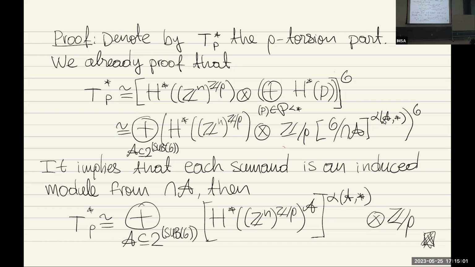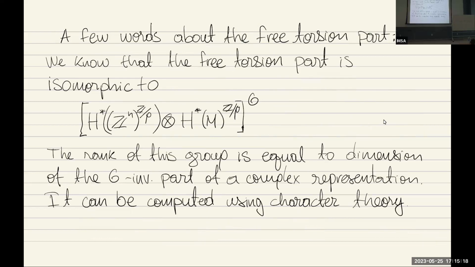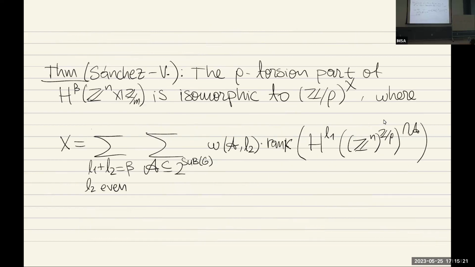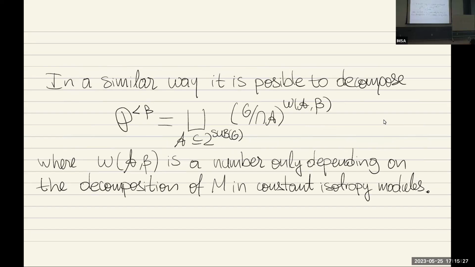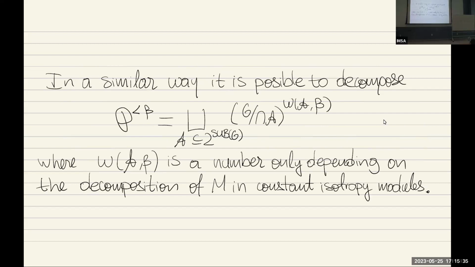Here is the intersection of A. And then you compute the rank over set P of this set, you get this answer. More important than the formula, I think the important thing is that the numbers involved here only depend on the decomposition in constant isotropy modules.